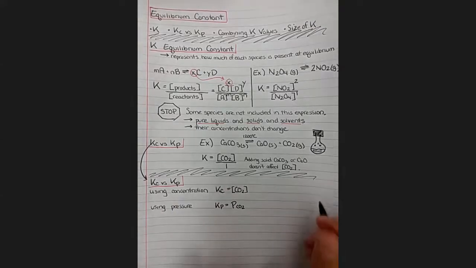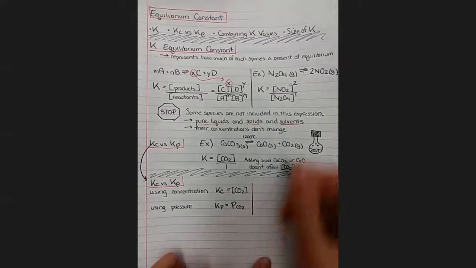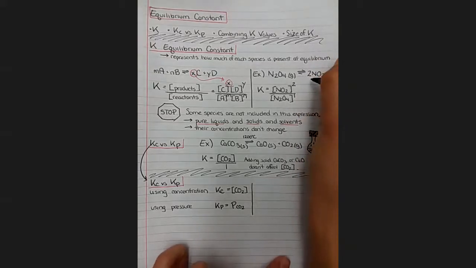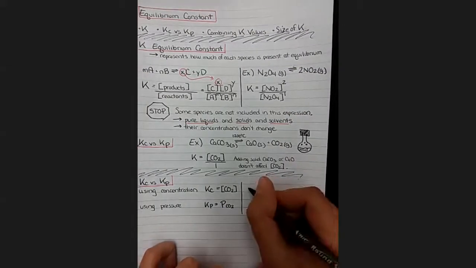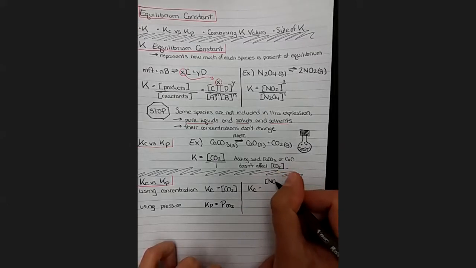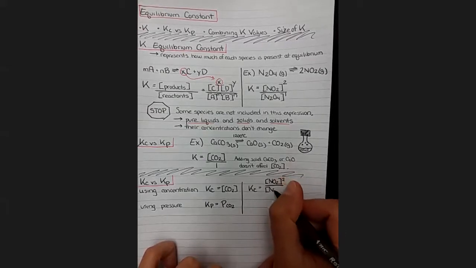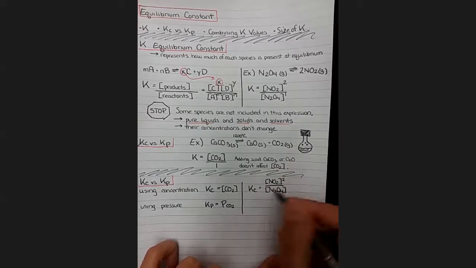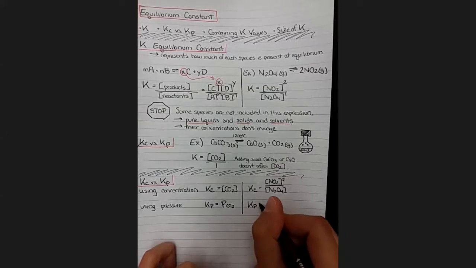Looks like so. And I want to do it for the other one that we drew up here, just so you can see what it looks like with the subscript. All the same rules apply. So here we had NO2 squared over N2O4. And if we were to write it with pressure, we do the same thing.